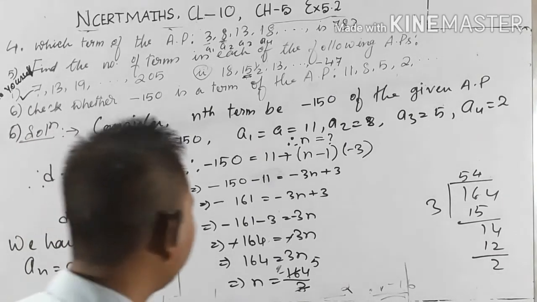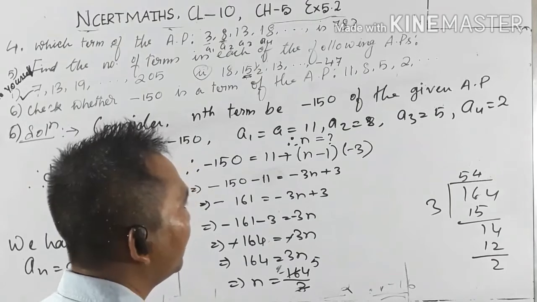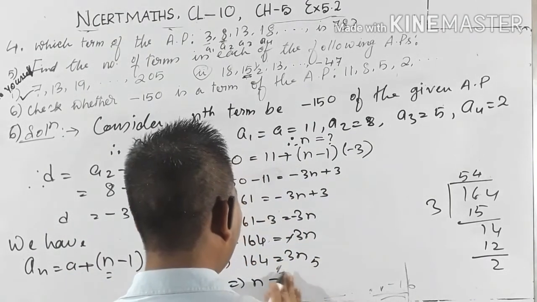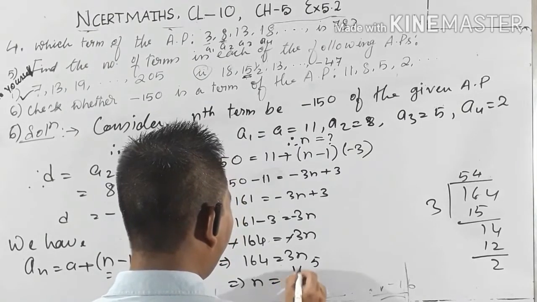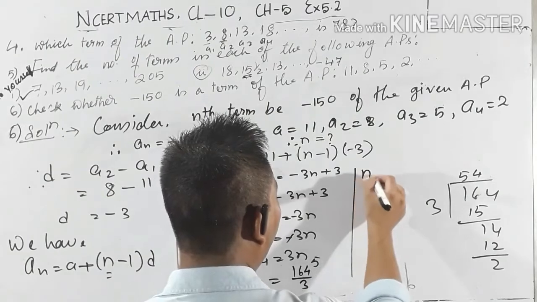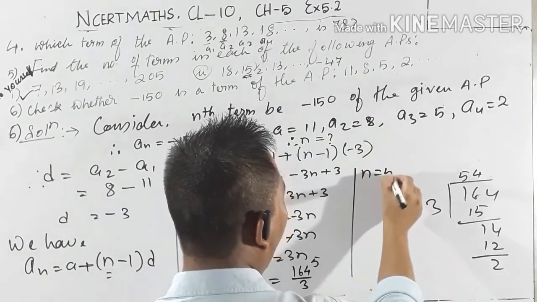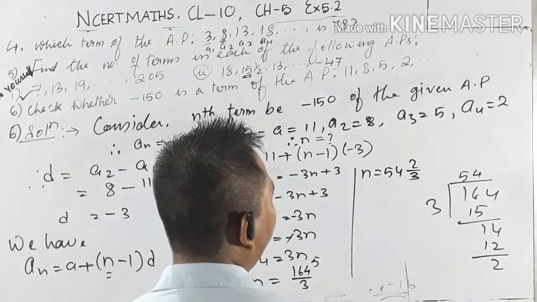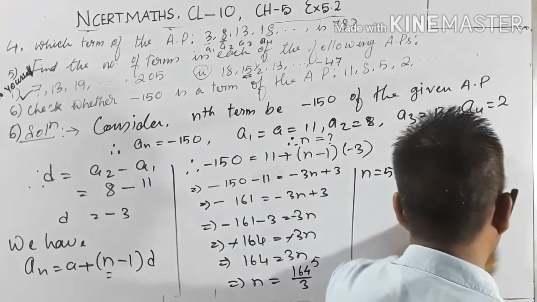Okay, fine. So what we have got is 164 upon 3, that means n equals 54 whole 2 upon 3. Here we have to write some statement.